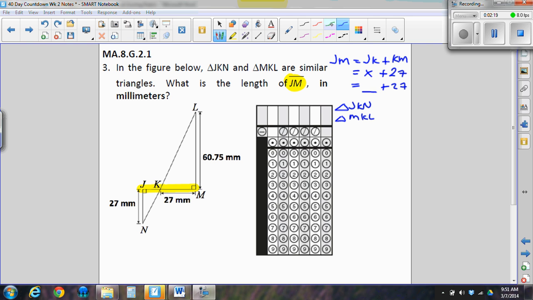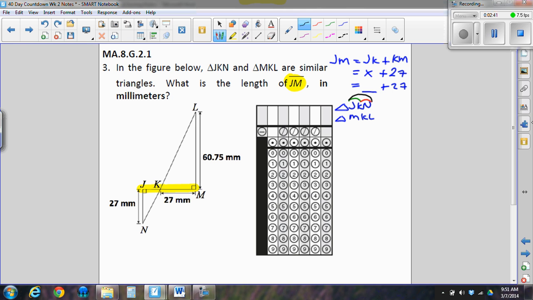So what does that mean? Just looking at the names of the triangles, the 2-letter pairs are J and K, K and N, and J and N. Those are all the 2-letter pairs.